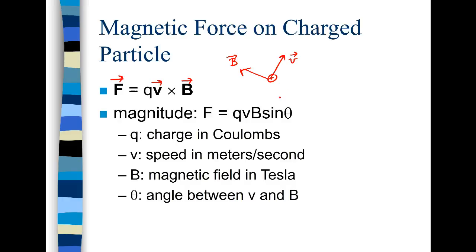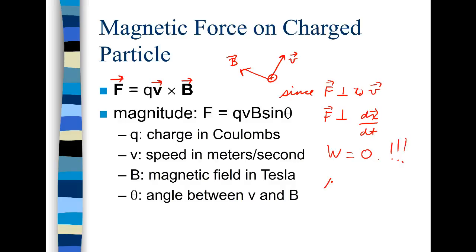And because of this, since F is perpendicular to the velocity, that means that F is also perpendicular to dx, because velocity is dx/dt. Because of this, work is going to be 0. So that means that the change in kinetic energy for a particle traveling in a magnetic field is going to be 0. Unless the magnetic field is changing, but we're not going to consider that now.